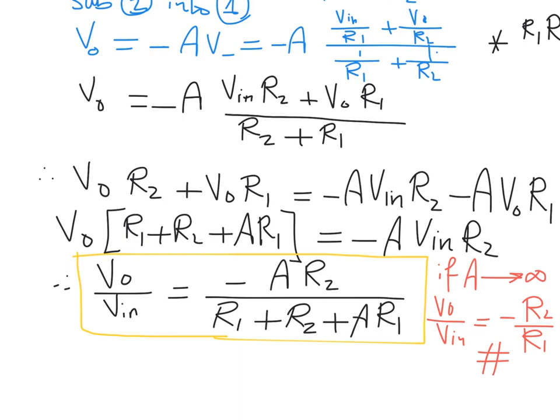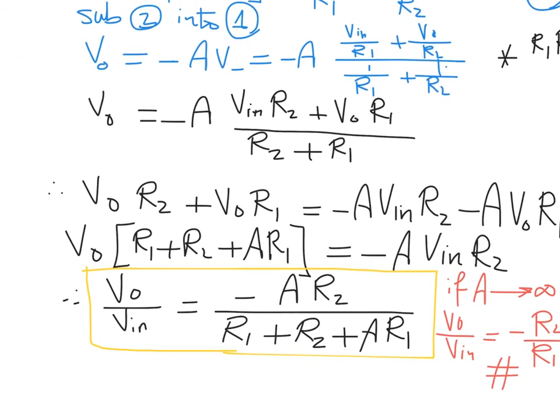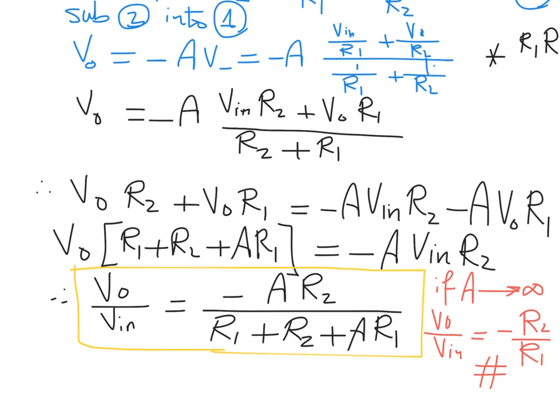Let's continue here. So VO will be multiplied by this denominator. So here, VO multiplied by R2, VO multiplied by R1 equals minus A times Vn R2 minus A multiplied by VO R1.